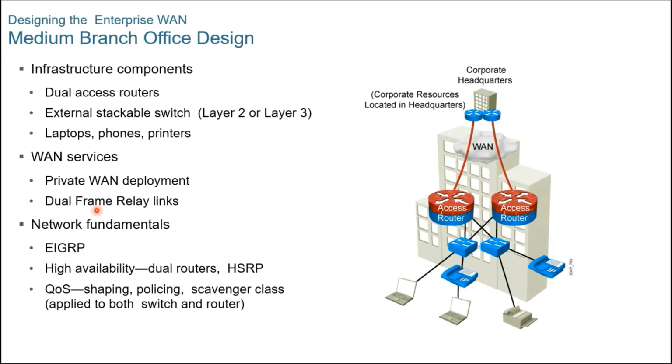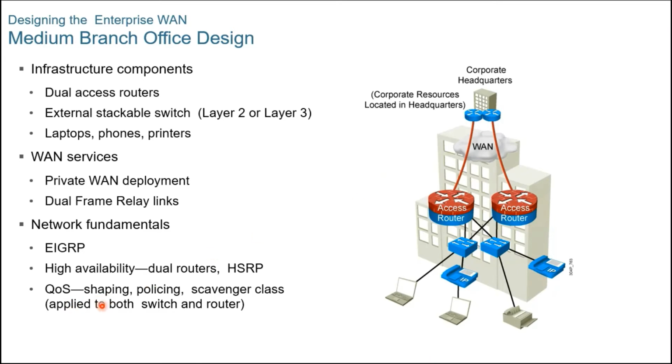In this example, the old frame relay links are used. For the network services, the EIGRP routing protocol is used. High availability across the WAN is provided by dual routers running router redundancy protocols such as HSRP, the Hot Standby Router Protocol, VRRP, the Virtual Router Redundancy Protocol, and GLBP, the Gateway Load Balancing Protocol.